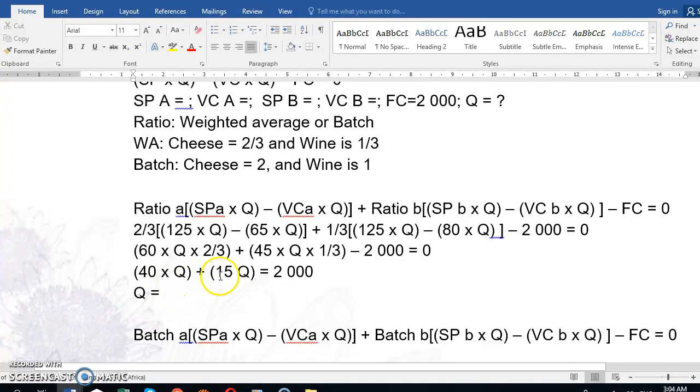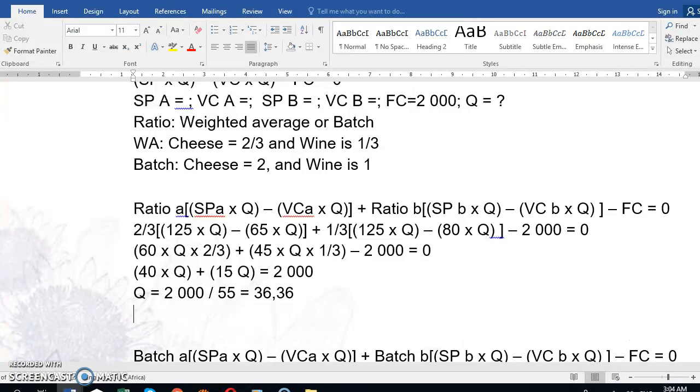So Q is equal to 2000 divided by 55, which is 36.36.